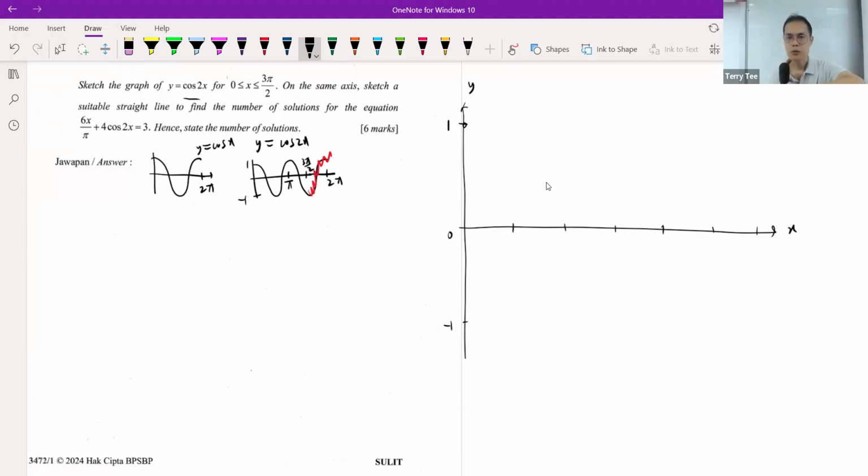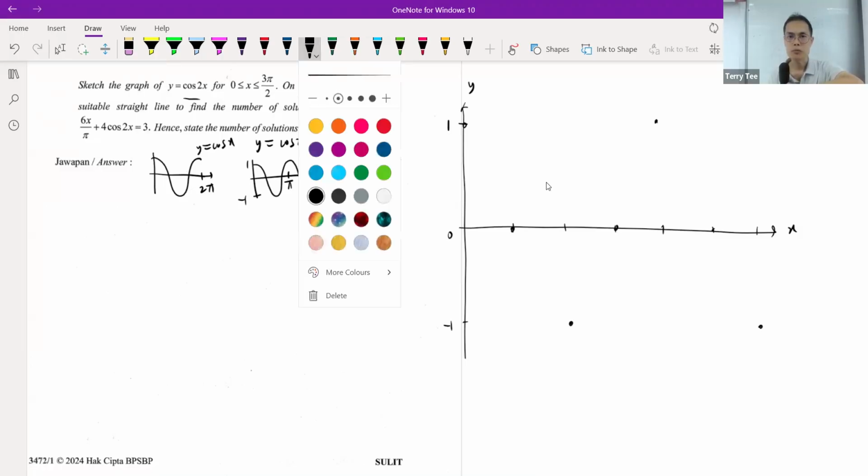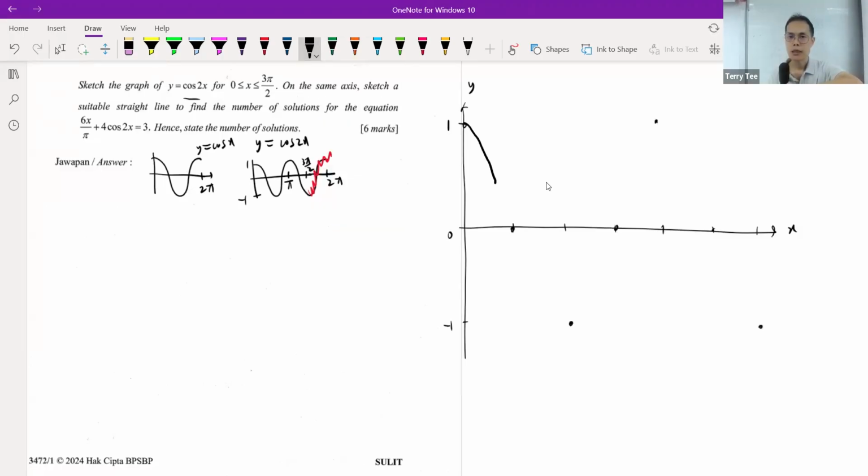I like to plot the points, it helps me draw a balanced graph. Maybe use a thicker line, which will help you hide the ugliness. It's like putting foundation on the face. So it looks like this.